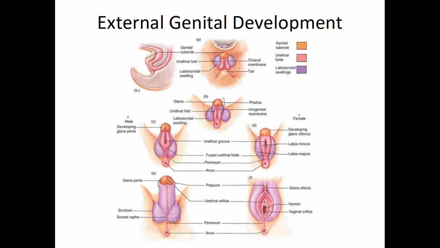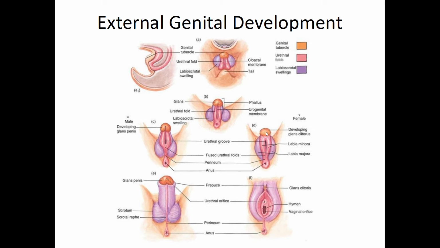And so we can look here at the genital tubercle, which is the glans, the phallus structure here, and then the urethral fold in the center, the labioscrotal swelling, the urogenital membrane in the center. So as these develop, the glans is going to develop into the glans penis in the male or the glans clitoris in the female.